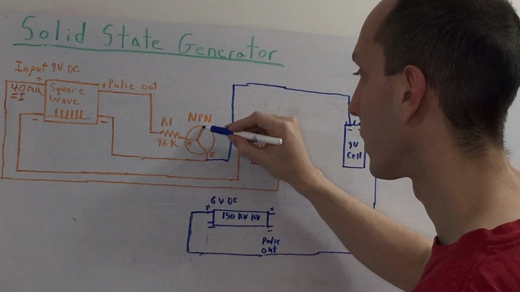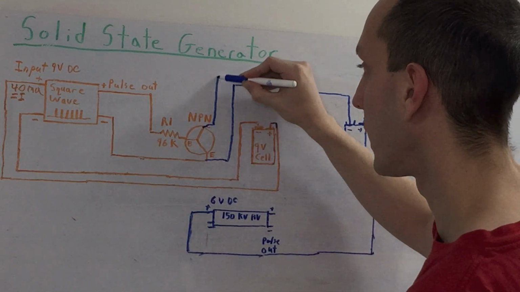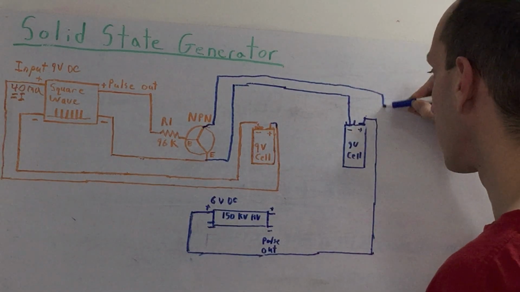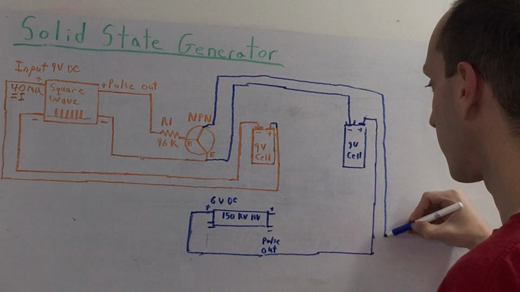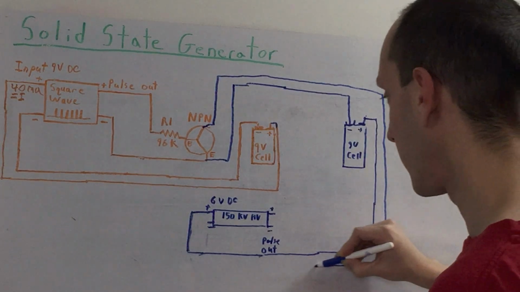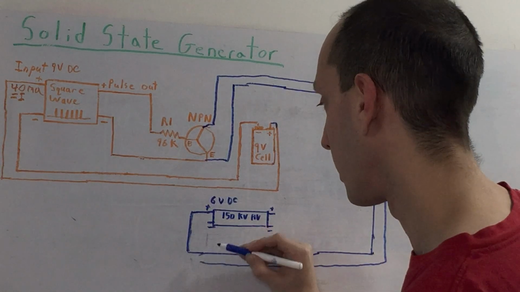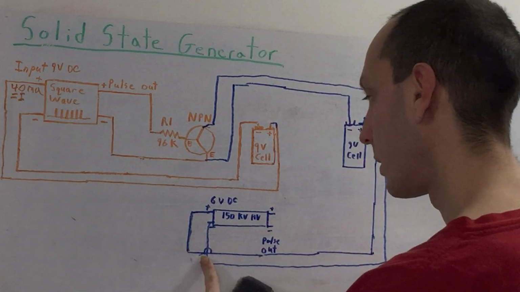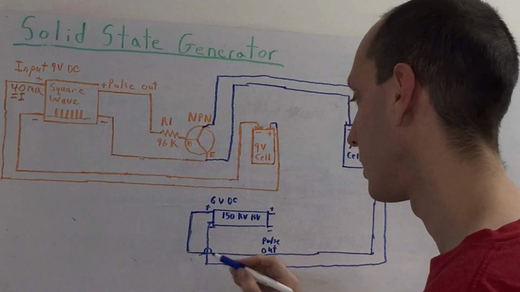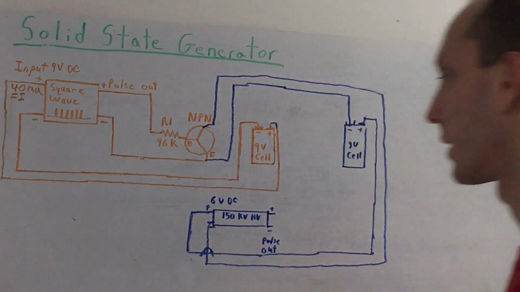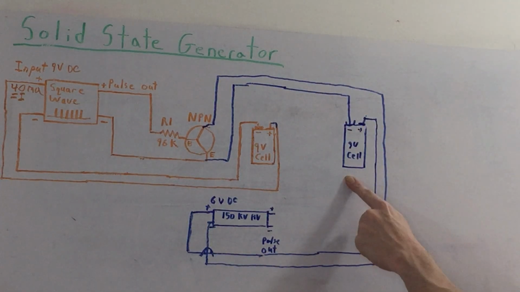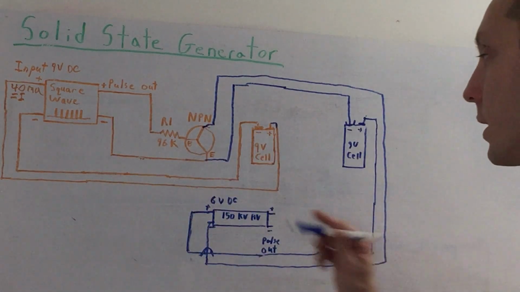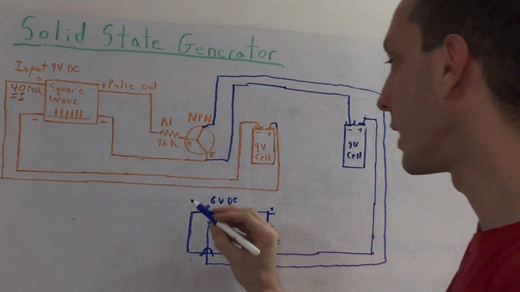And our collector, we're going to switch our negative over here. Put a little lump right there. Bring this down there. And there you go. Like that.